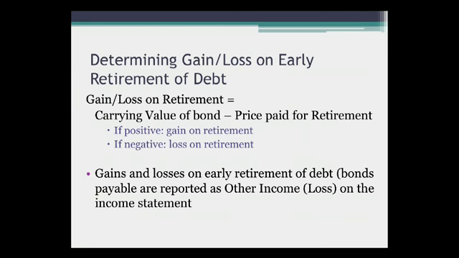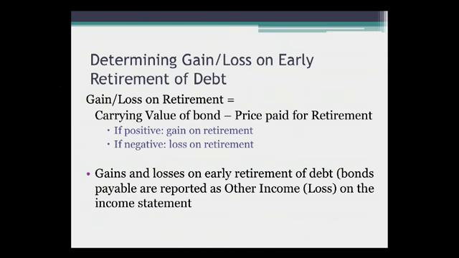If it's positive, there's a gain on retirement, because what does that mean? They're taking something off their books that, let's say, has a carrying value of $102,000. Then they retire it, they pay $100,000 for this bond. So they're taking a liability off their books of $102,000, and they're only paying $100,000 cash. So that would be a $2,000 gain on retirement.